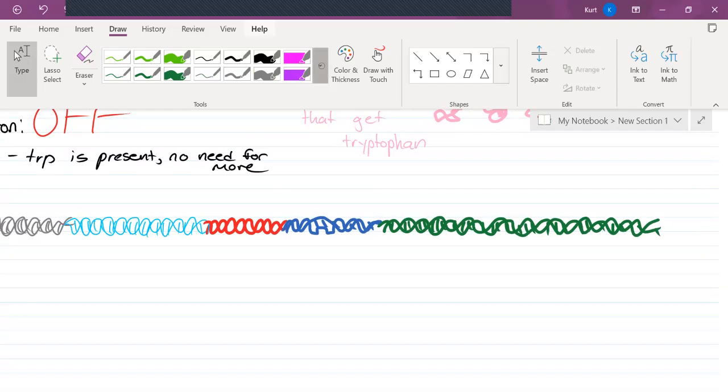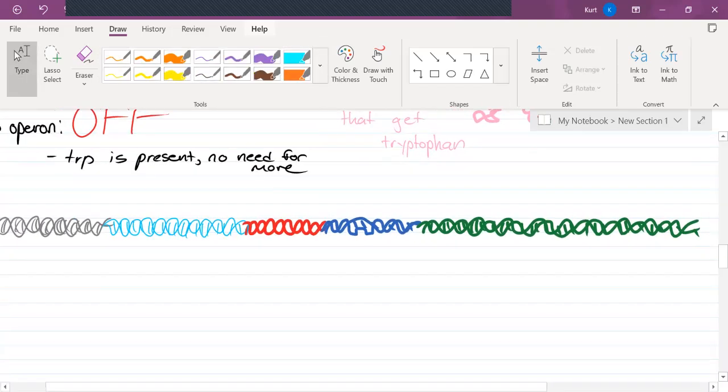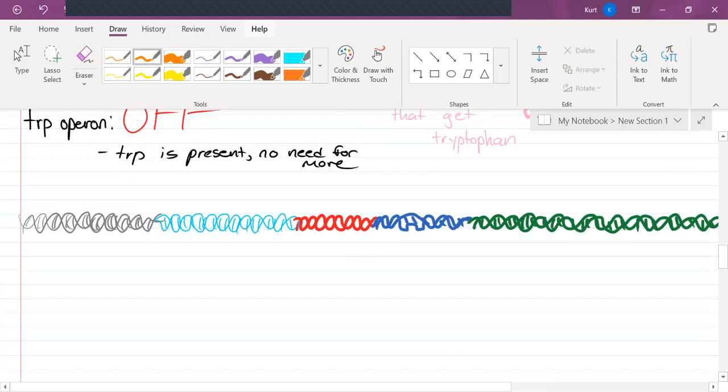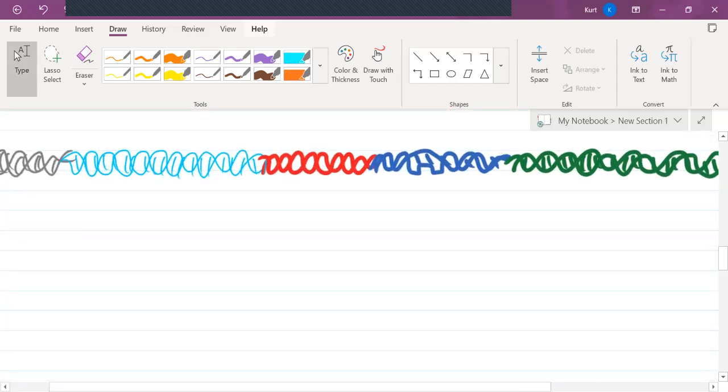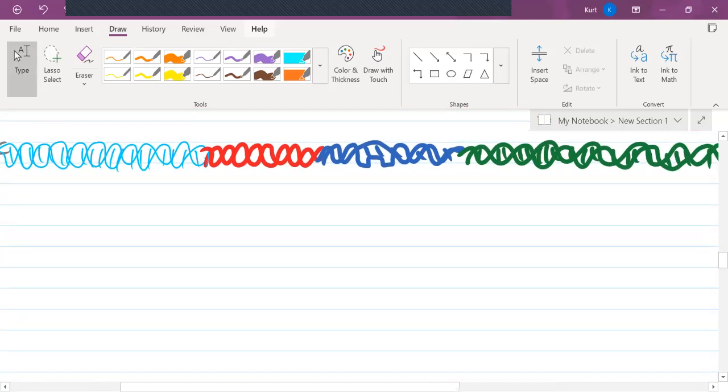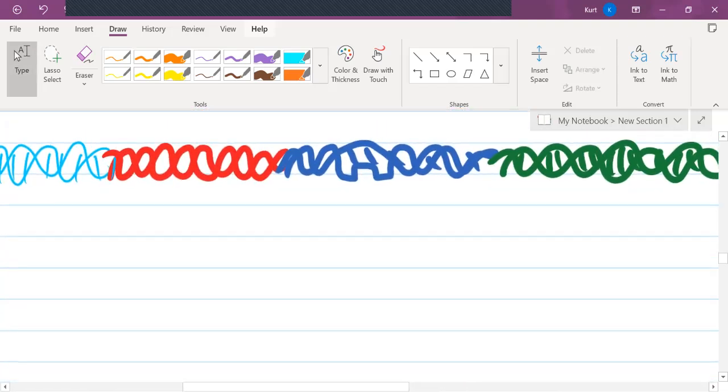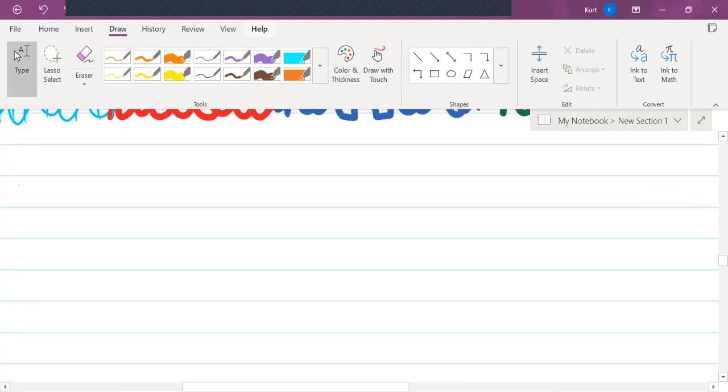So there's the whole sequence again. We're going to draw it in the off position now. If you take a look at the whiteboard, you can kind of jump to the ending here. Here is our repressor.